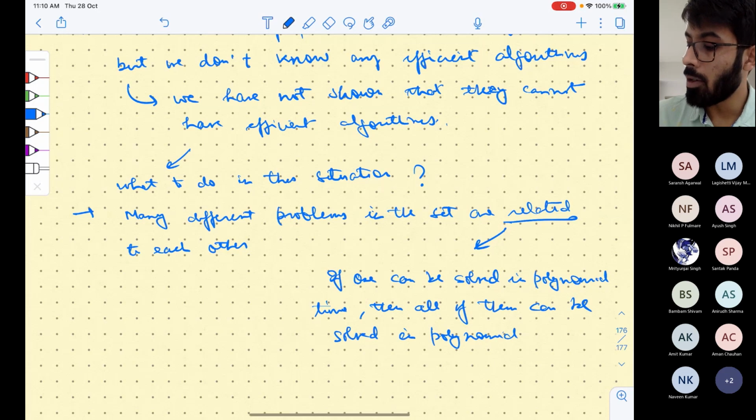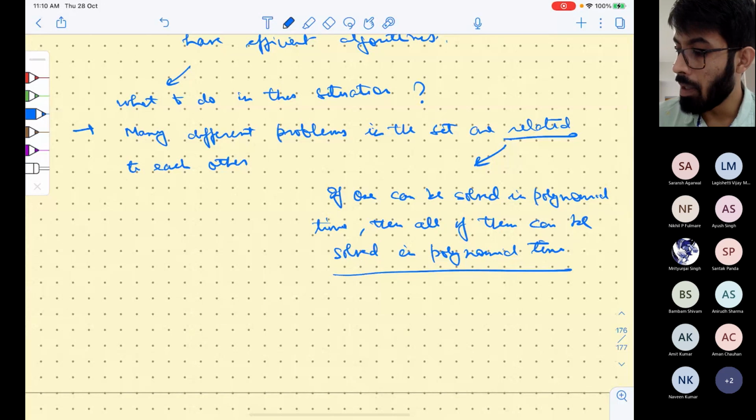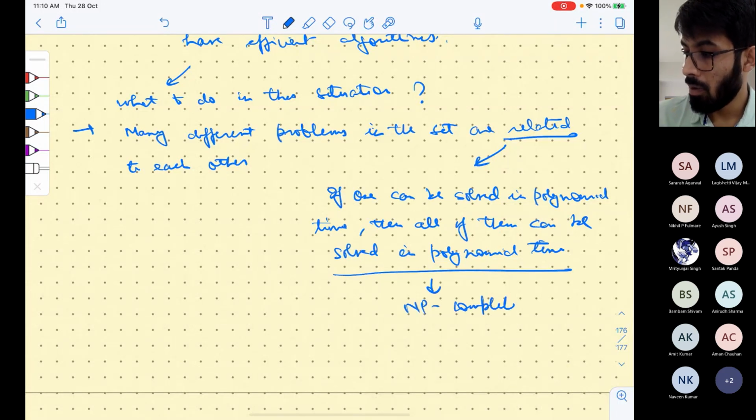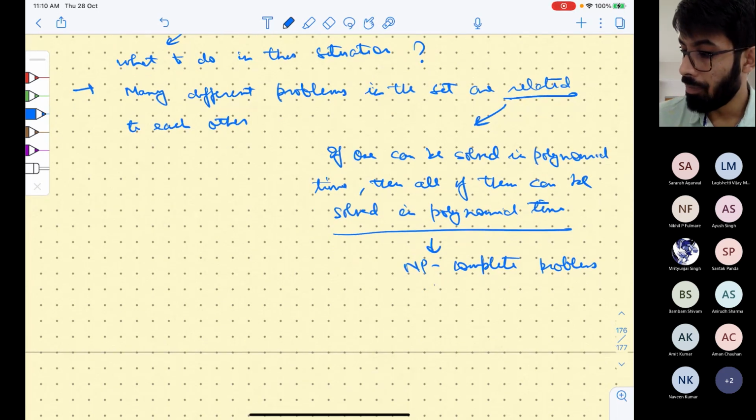So you can find a set of such problems, and these problems are called NP-complete problems. And there are thousands of these.